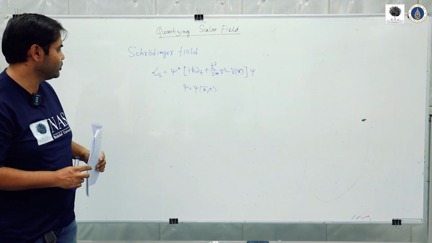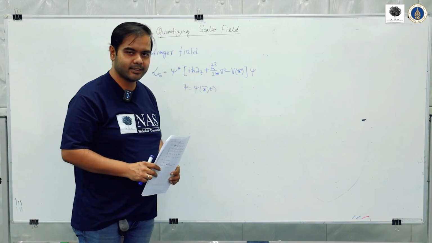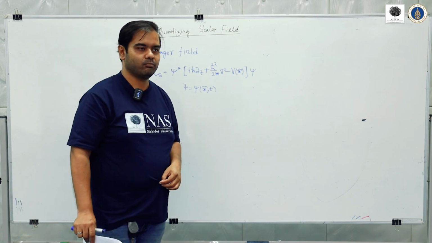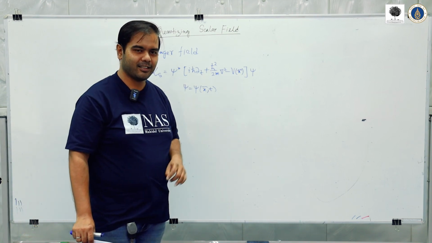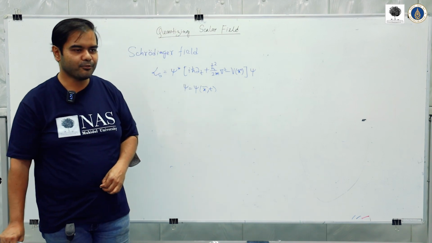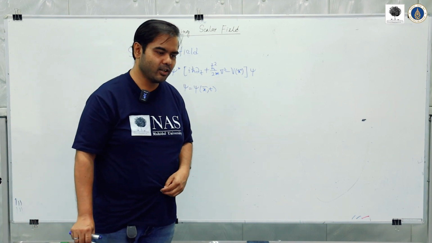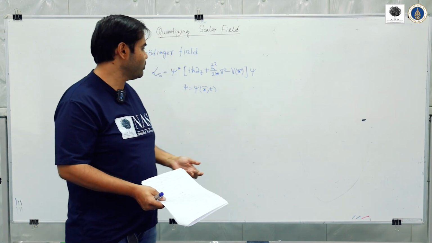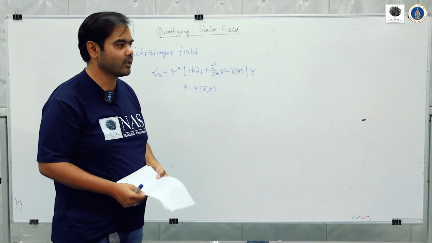And how to construct this Lagrangian? Honestly speaking, constructing a Lagrangian is a bit of a trial and error process, because the physical object you strictly observe is the equation of motion, and we know what is the Schrödinger equation of motion.